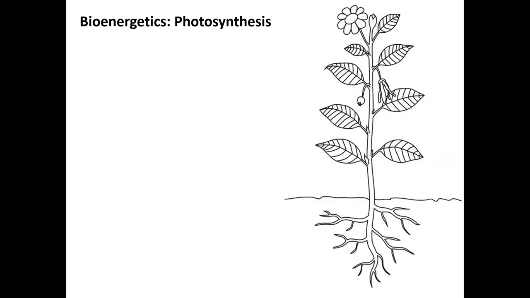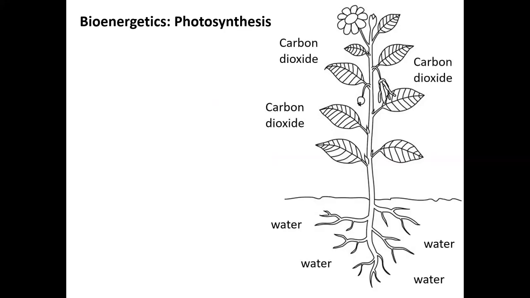So where does the water and the carbon dioxide come from? The water is found in the soil and carbon dioxide is in the air. So how does the water get into the plant? Well, if you remember, the roots have root hair cells that absorb the water from the soil by the process of osmosis. So the water enters the root hair via osmosis.